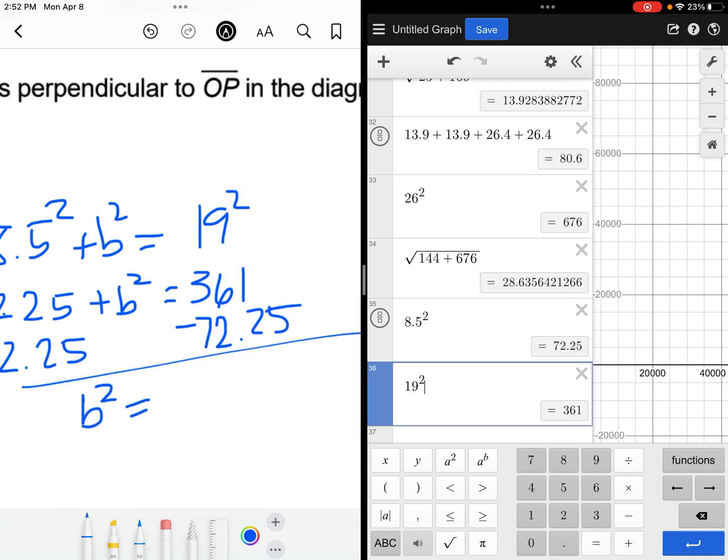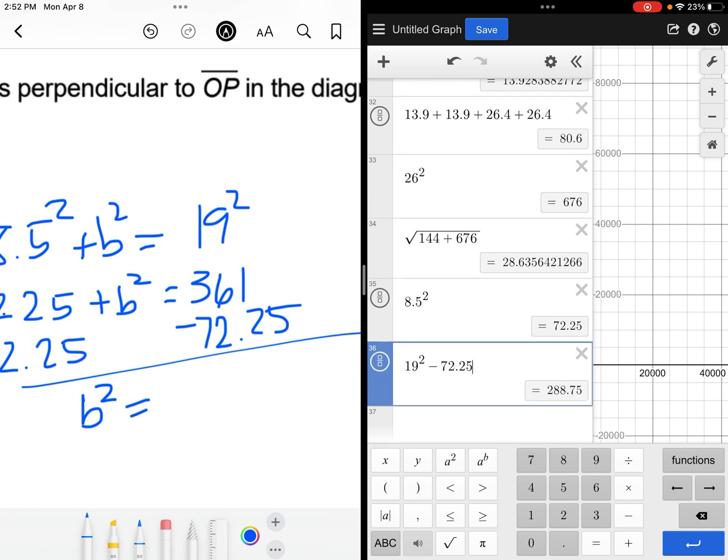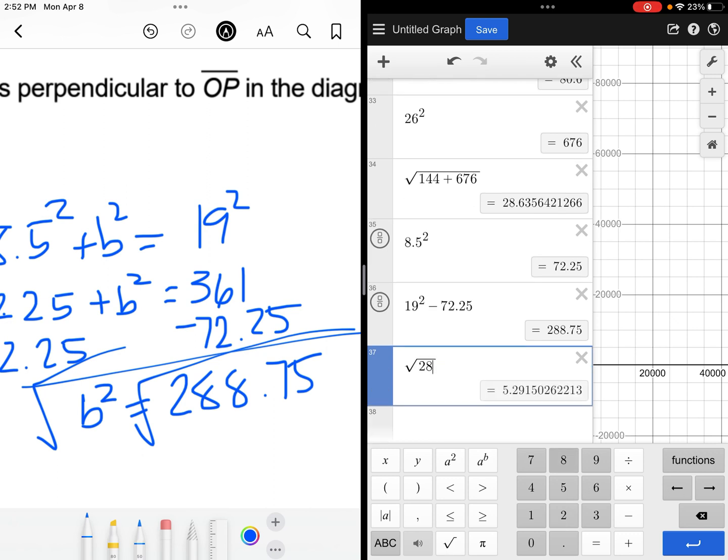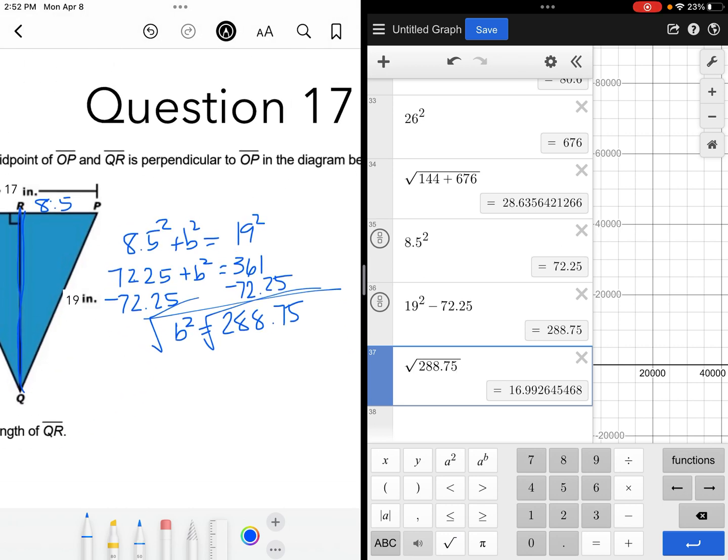B squared equals 288.75. I'm going to square root that. And I get, the 9 tells the 9 to round up, so this is actually going to be 17. So this line right here is 17.